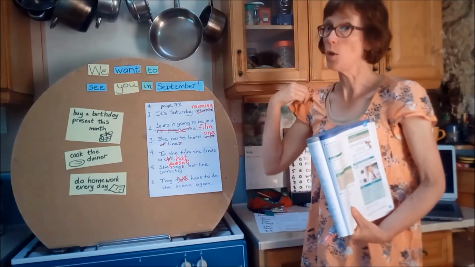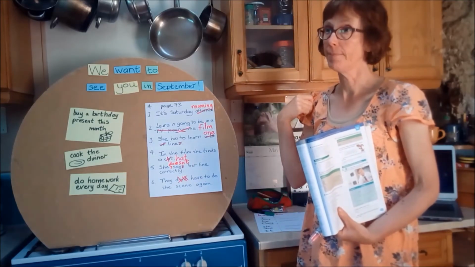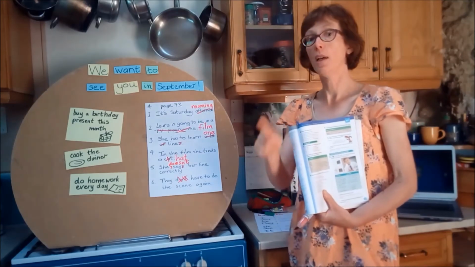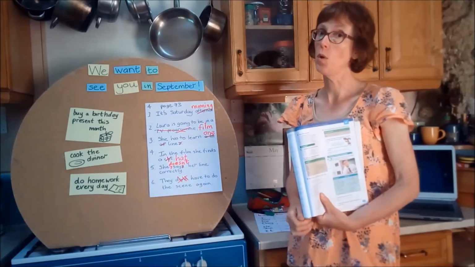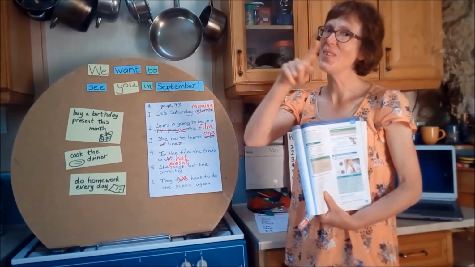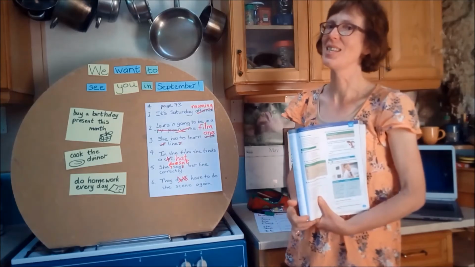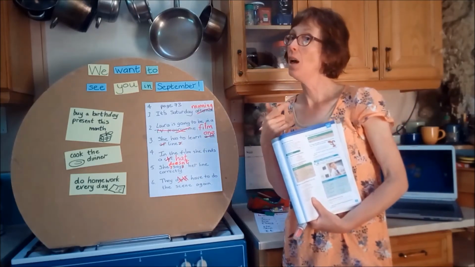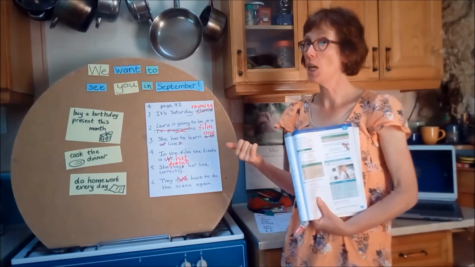I have to get dressed. And sometimes I have to go to work. And you have to go to school. But not at the moment. At the moment, you don't have to go to school. And I don't have to go to work. But I have to make videos.